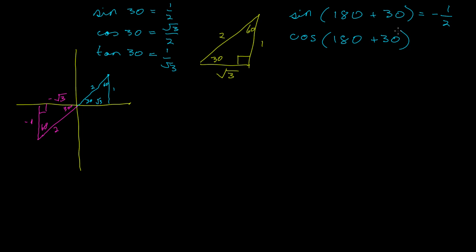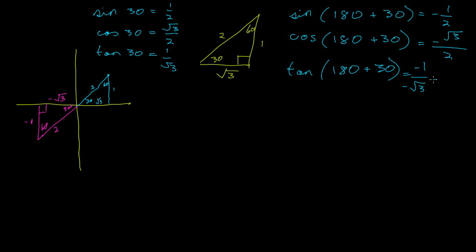Well, adjacent over hypotenuse, minus √3 over 2. And then tan of 180 plus 30 is opposite over adjacent, -1 over -√3.